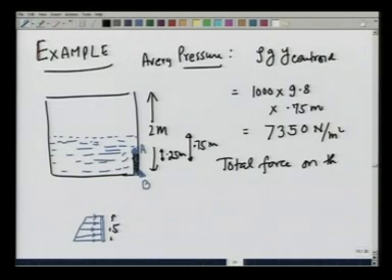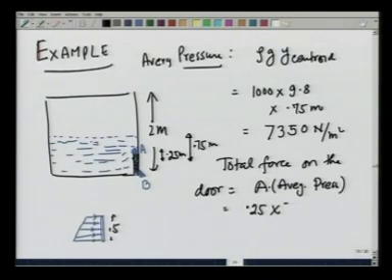and therefore the total force on the door is going to be area times average pressure, which is 0.25 times 7350, which is equal to 1837.5 newtons.